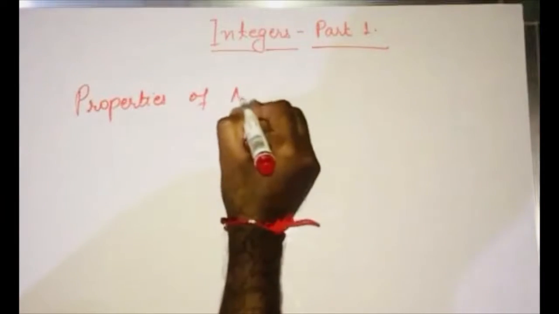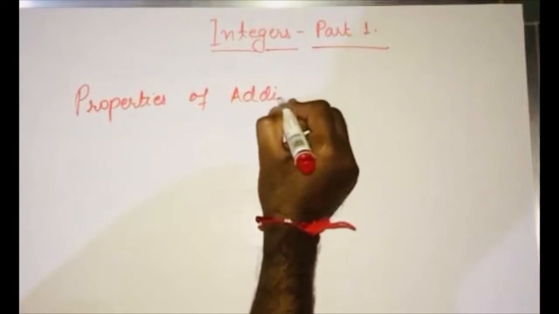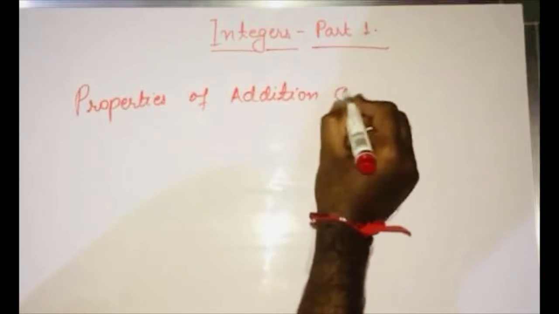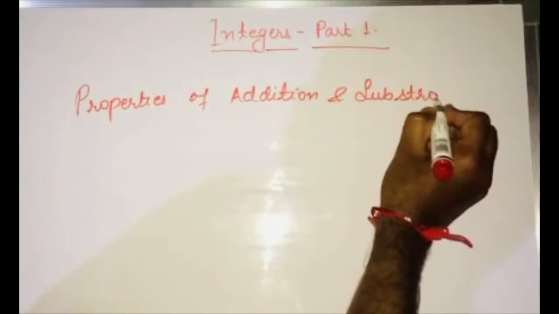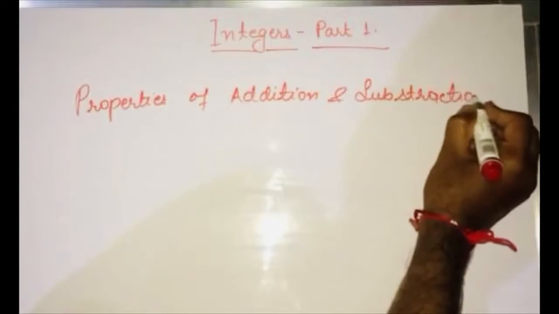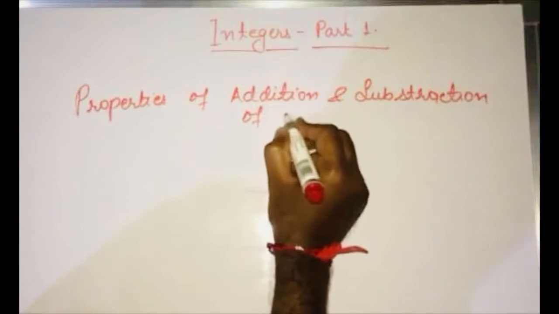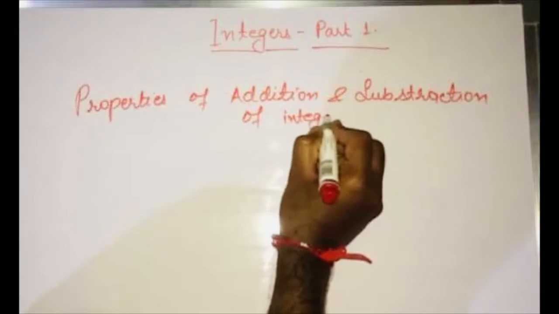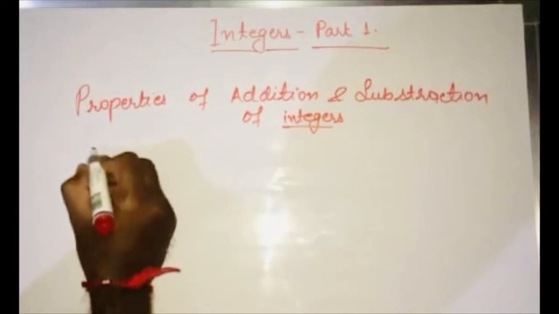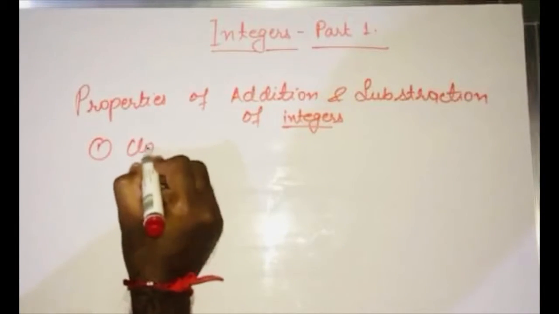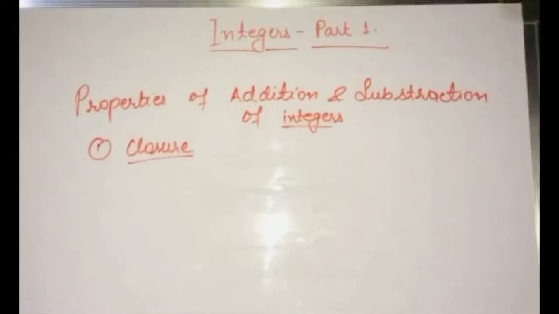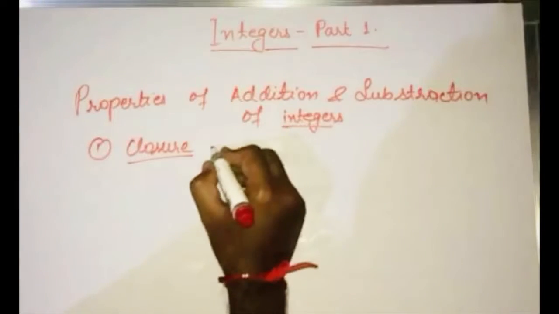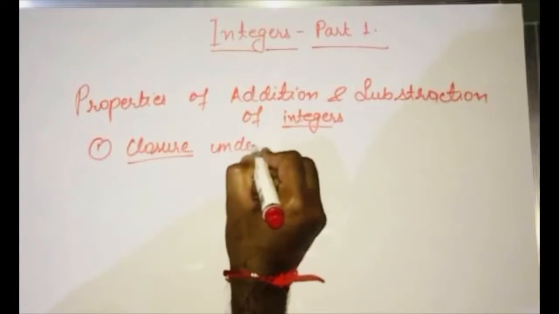Properties of addition and subtraction of integers. The first one is the closure property. In closure, first we will see the closure under addition.